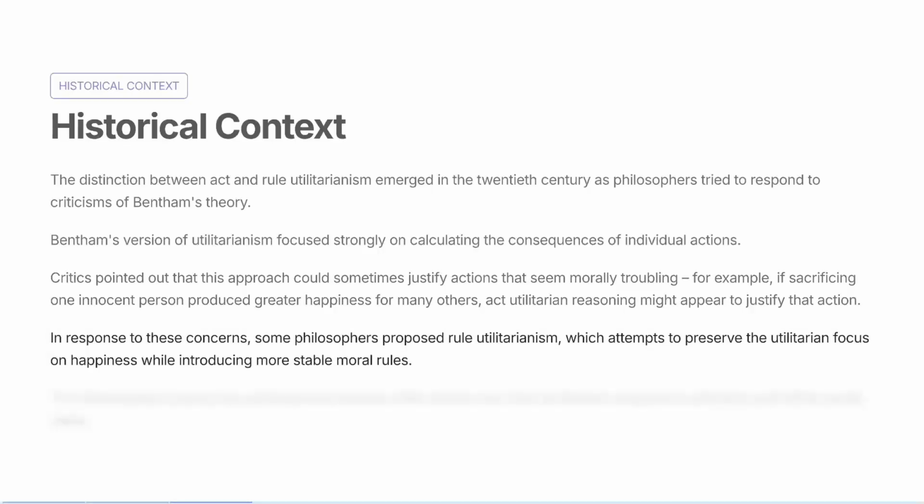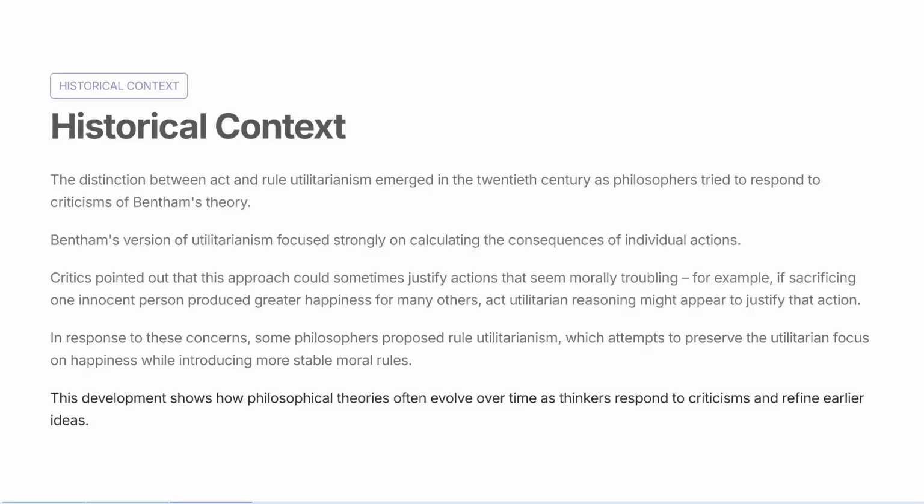For example, if sacrificing one innocent person produced greater happiness for many others, act utilitarian reasoning might appear to justify the action. In response to these concerns, some philosophers proposed rule utilitarianism, which attempts to preserve the utilitarian focus on happiness while introducing more stable moral rules. This development shows how philosophical theories often evolve over time as thinkers respond to criticisms and refine earlier ideas.